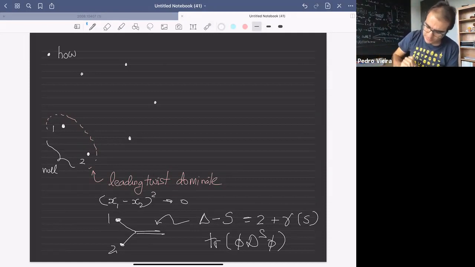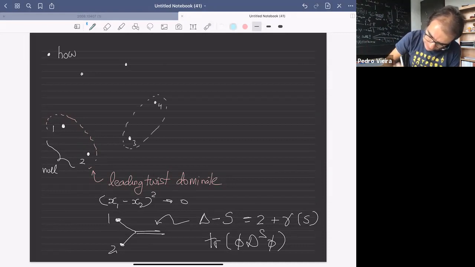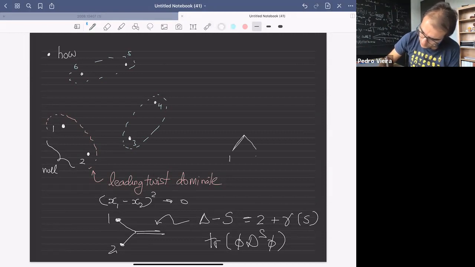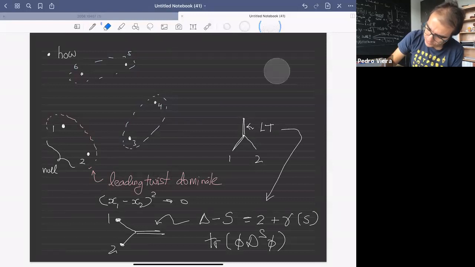So we see that what is happening is the following. When I take 1, 2 to be null, and then let's also take 3, 4 to be null, and then 5, 6 to be null, we are getting this simplified picture where operator 1 and 2 fuse, and I have here leading twist. Then I have 3 and 4 that fuse, and I have here leading twist.